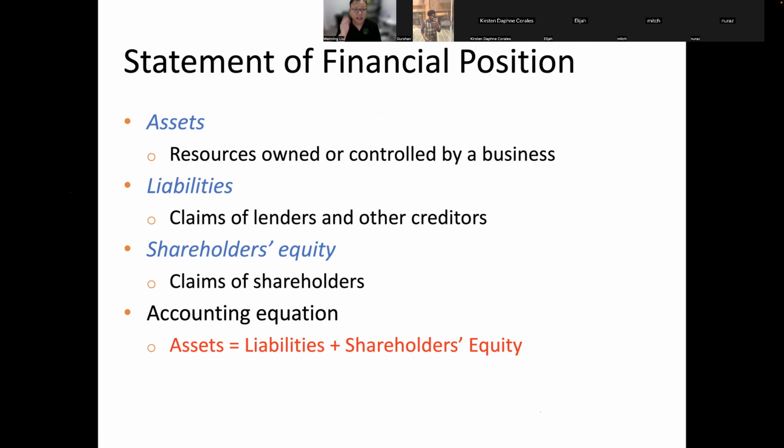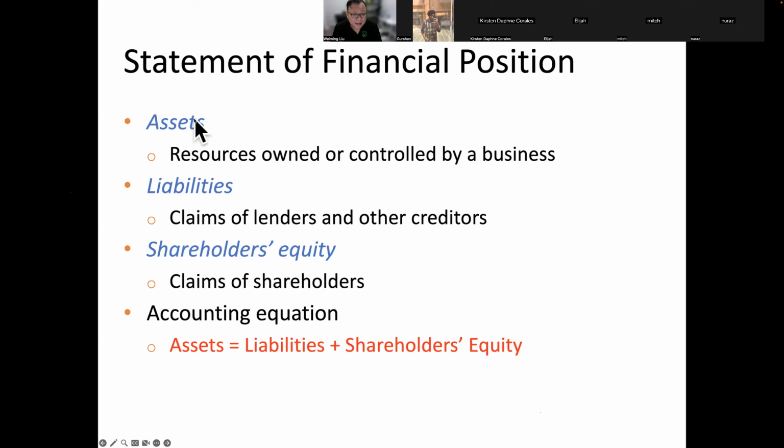If you think about the statement of income, it's for a period of time. It's kind of like a video, right? You watch a video for 30 minutes, so it's for a period of time. But the statement of financial position is not like a video, it's like a picture. You take a snapshot at a specific time point, okay?